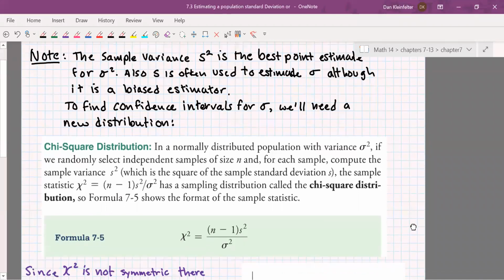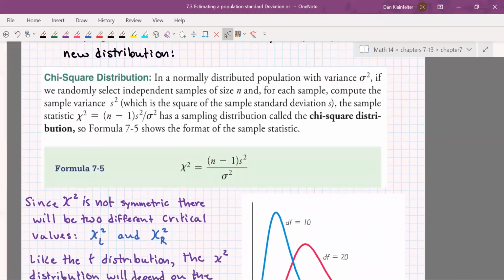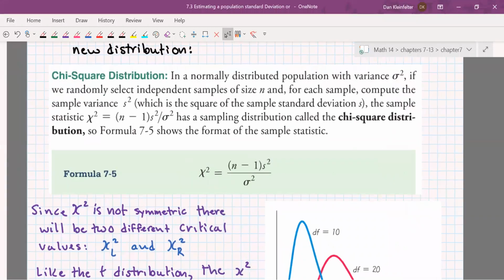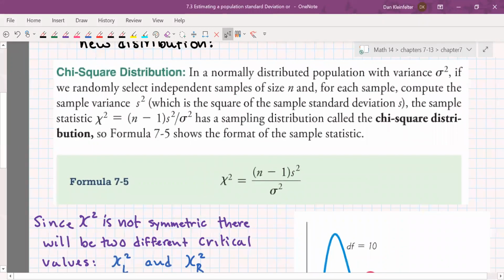I'd mentioned we need a new distribution to help us find these confidence intervals for variance and standard deviation. It's called the chi-squared distribution. It's named after this Greek letter that looks kind of like a fancy capital X. It's the Greek letter chi.